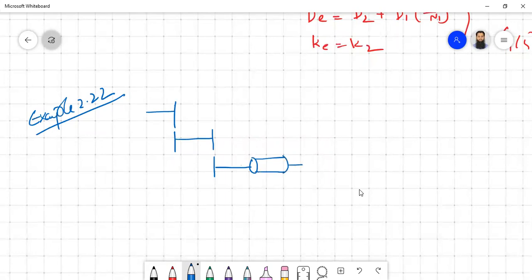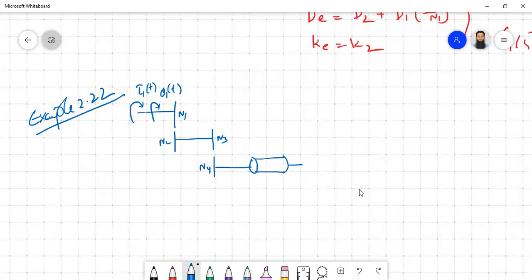Torque tau 1(t) has been applied here, then you have theta 1(t). The teeth ratios are given: N1, N2, and N3, N4.